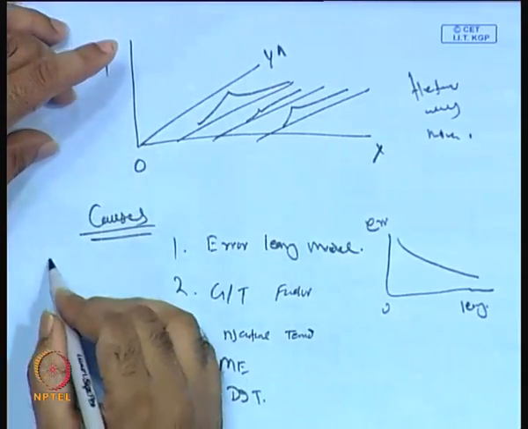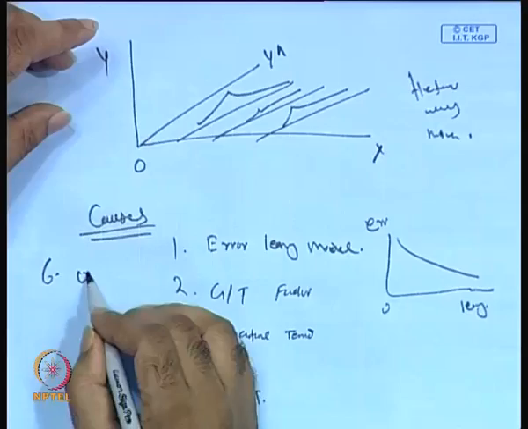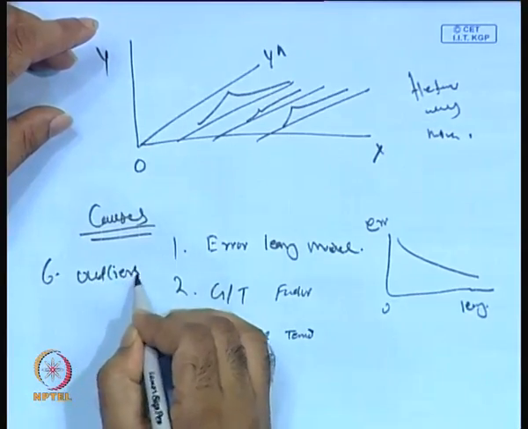Okay. Then sixth, outliers. Outliers are a cause of heteroscedasticity. You see, an outlier is a data point which is highly distant from other data points. That means it is going against the homogeneous clusters.